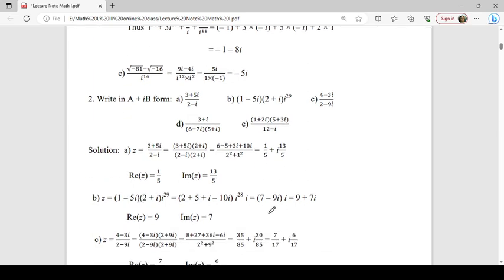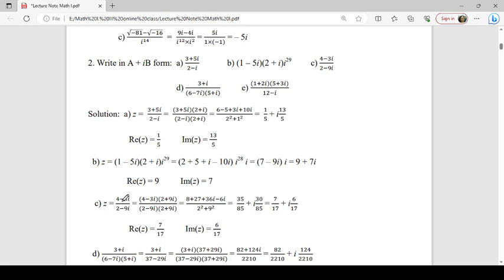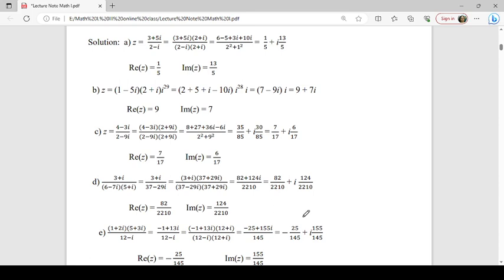So when there is a fraction, and if the denominator is a complex number, we need to multiply by the conjugate of the denominator, and we get a real value here, because z into z bar is equal to mod z square. So this is a way to simplify this. So we are making it into a plus ib form, then again we multiply by the conjugate, we get this value.